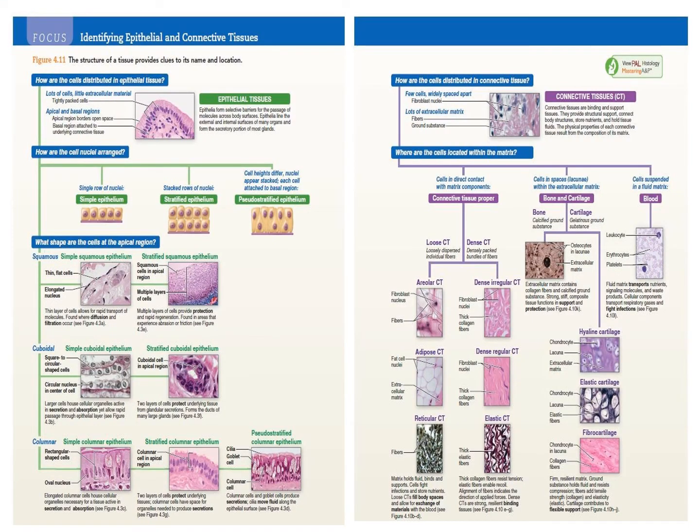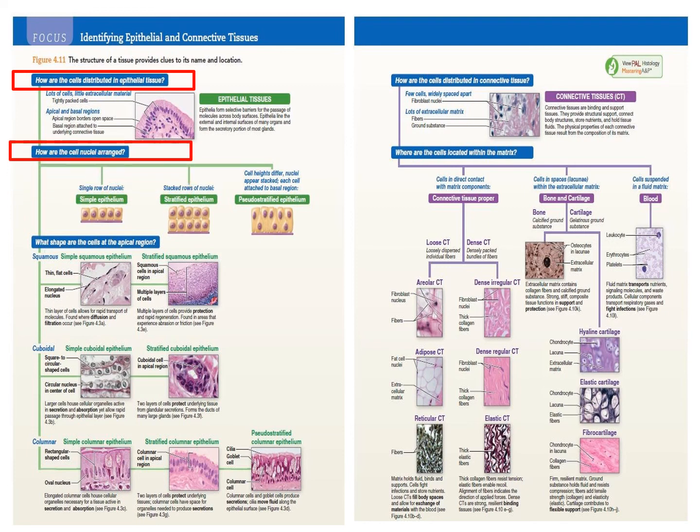So, in a nutshell, with the help of this diagram, you can easily identify epithelial and connective tissues. And also, you can get the answers of the following three questions related to epithelial tissue and two questions related to connective tissue. In the case of epithelial tissue, the first question: how are the cells distributed in epithelial tissue?